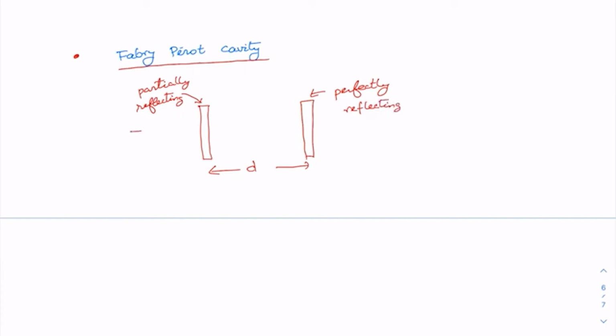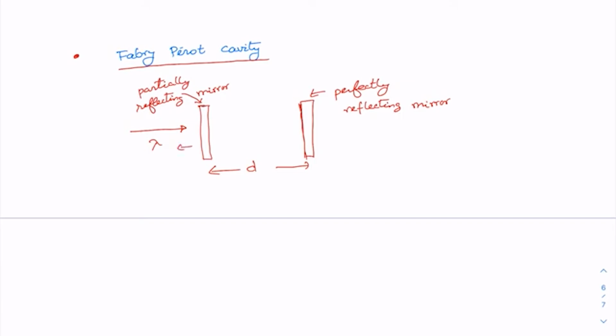Say light of wavelength lambda is incident on the partially reflecting mirror. It can enter into this cavity, then after entering it gets reflected from the perfectly reflecting mirror, and then it will again hit the partially reflecting mirror and it may actually come out.